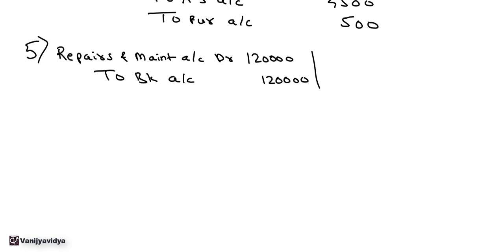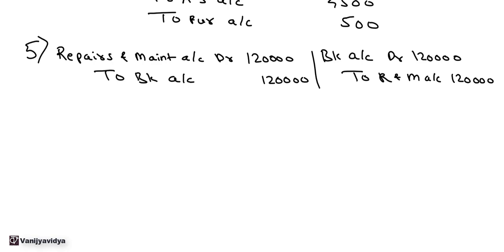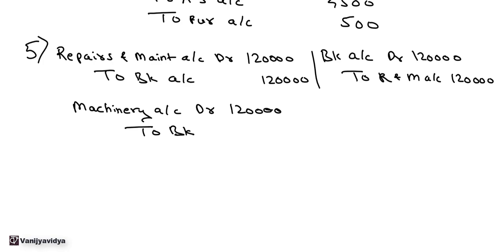The reversal of this entry is bank account debit 1,20,000 to repairs and maintenance account 1,20,000. Now the actual correct entry should have been your machinery account debit 1,20,000 to bank account 1,20,000.